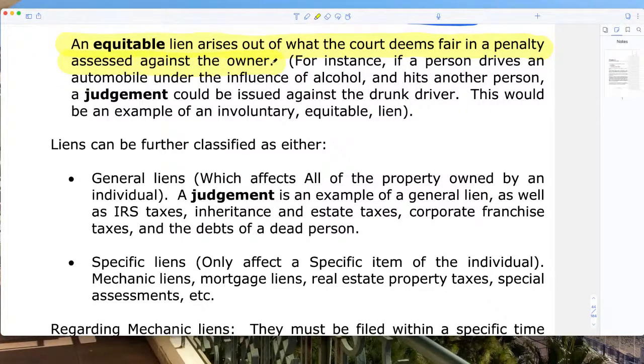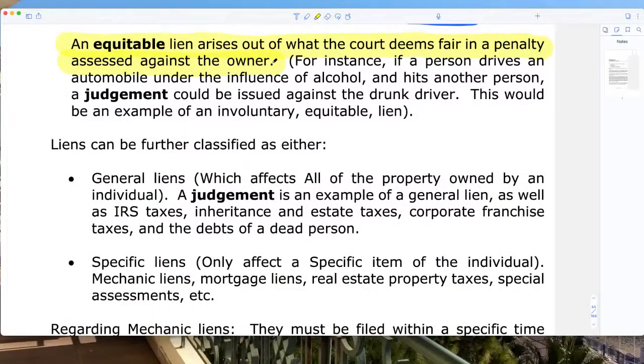For instance, if a person has an automobile accident and it's their fault and they create a bad injury, we hate to even talk about that, but things happen sometimes where it's our actions and our fault, and we may be sued through the court, and the court might assess a penalty against us, a judgment, and through that judgment we have what is called an involuntary equitable lien. See that right there?